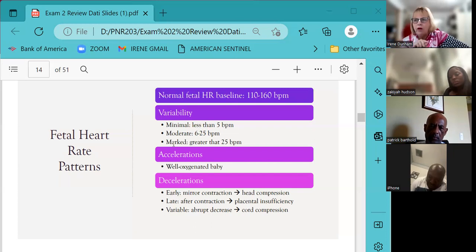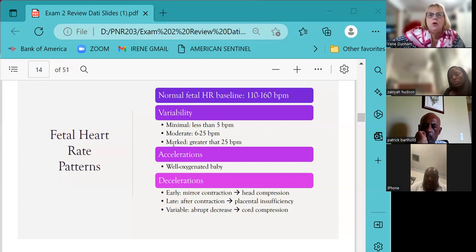Now, if I have marked variability, that means I have a lot, greater than 25 beats per minute. Those lines look really erratic. You know what I mean? Do I want that? No. I see those kinds of fetal heart rate tracings when I have a patient that just had cocaine and then comes to the hospital.